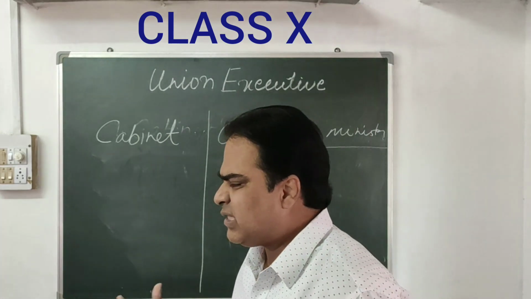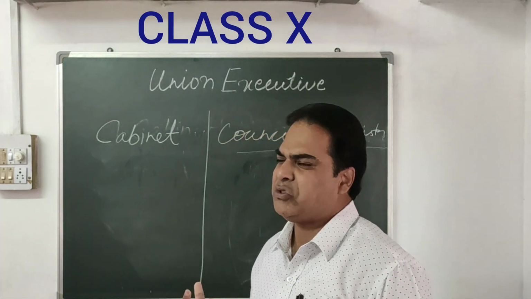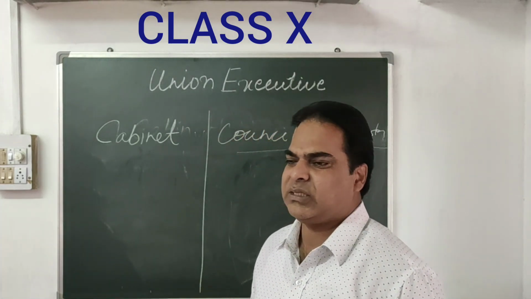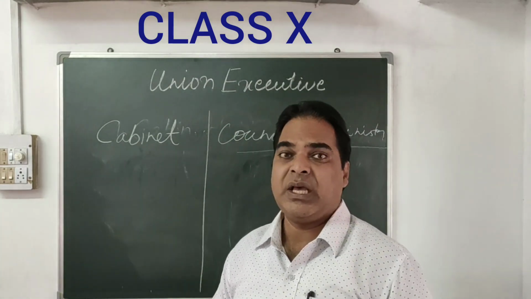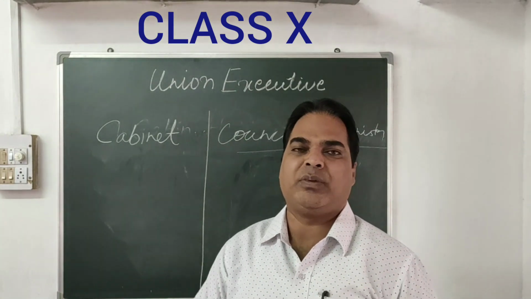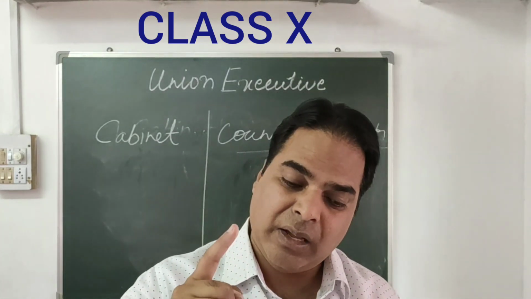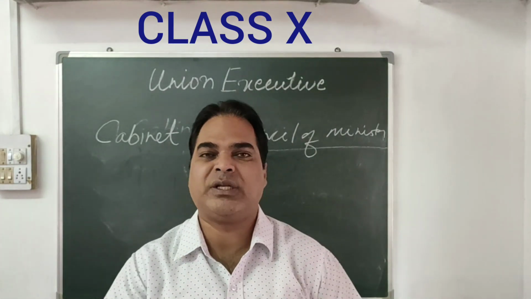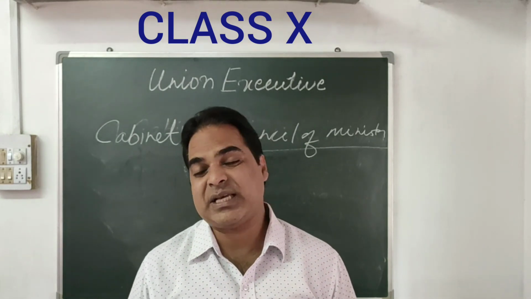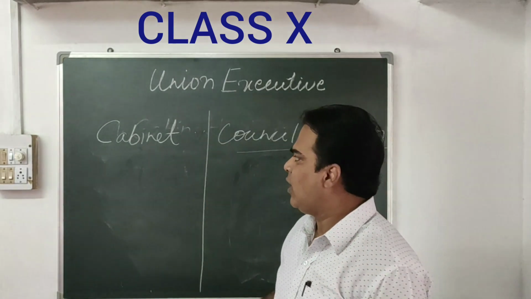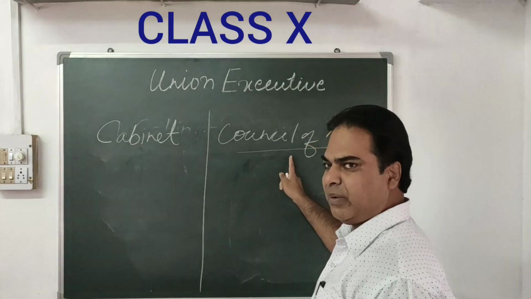But the decision and the idea generation are done by the cabinet ministers, and that is approved and finalized by the prime minister. The prime minister has the sole right to decide; everything is decided in the cabinet meetings. So cabinet is a part of the council of ministers.